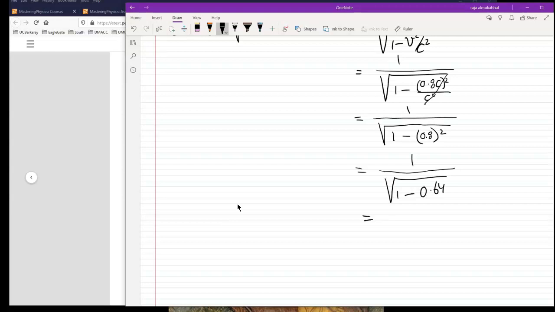Then you take 1 minus that answer, then take the square root of the answer, and then the reciprocal of the answer. Anybody got the answer? 1.67? Is that true? 1.67? Let me do it again one more time. I thought it would be larger than that. So we have here 0.864.